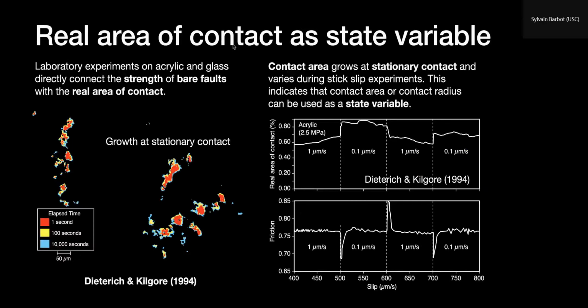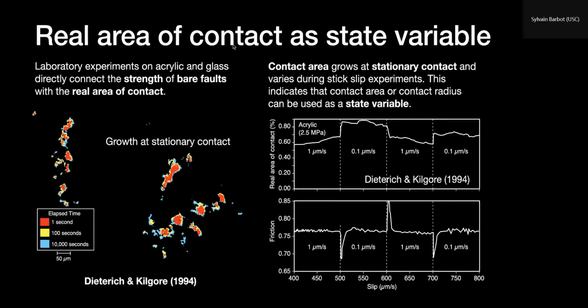In addition, they ran these experiments, they forced these contacts to impose velocities, 1 micrometer per second, 0.1, 1, 0.1. And what they see is that the so-called real area of contact, so the area of these micro-asperities, seems to reach a steady state that depends on velocity.